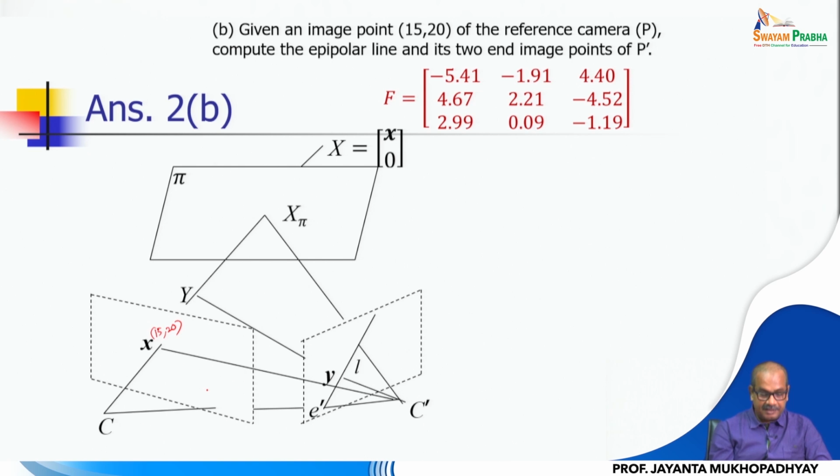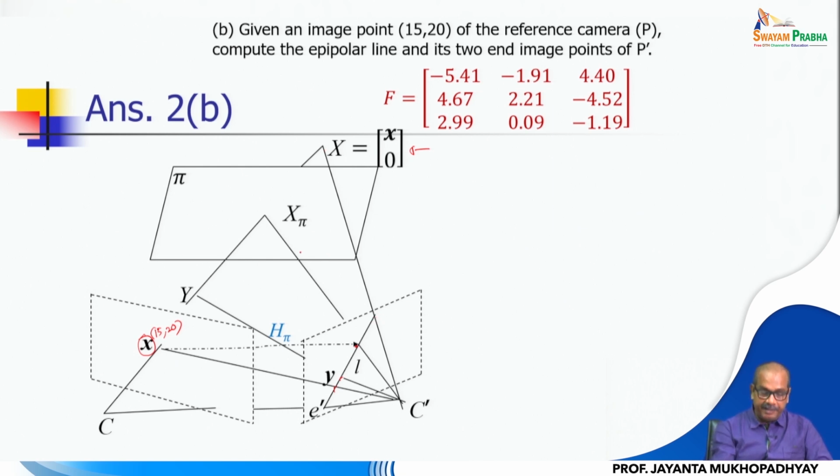Here, with some scene structure, this is the point. Corresponding to this point, there are so many possibilities of corresponding points, and they form that line. And if it is lying at the plane at infinity, that gives you the vanishing point.